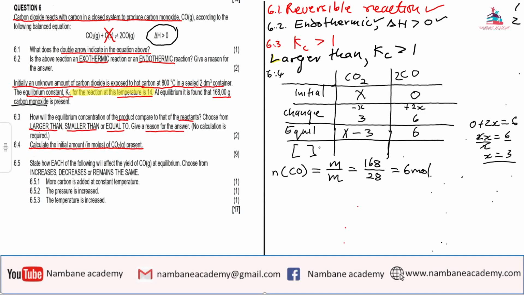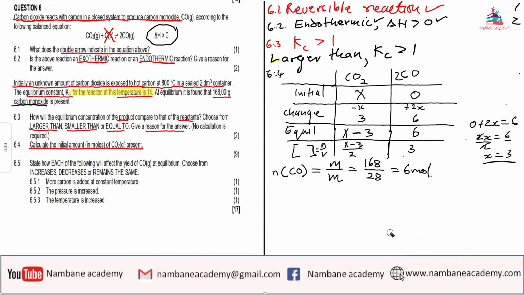But now what is the formula for concentration? It's c is equal to n over V. So this will be x minus 3 divided by the volume 2 which was given, and this will be just 3 because it will be 6 divided by 2. So I actually have now my concentrations at equilibrium. What can I do now?